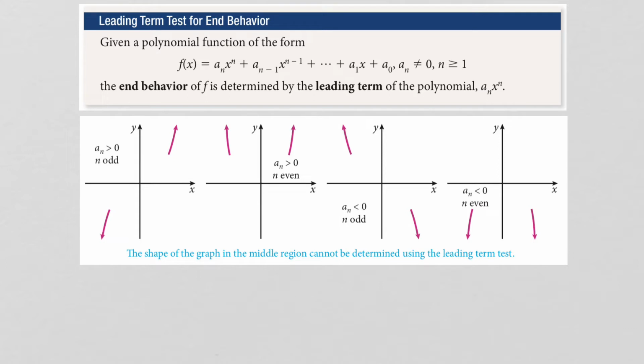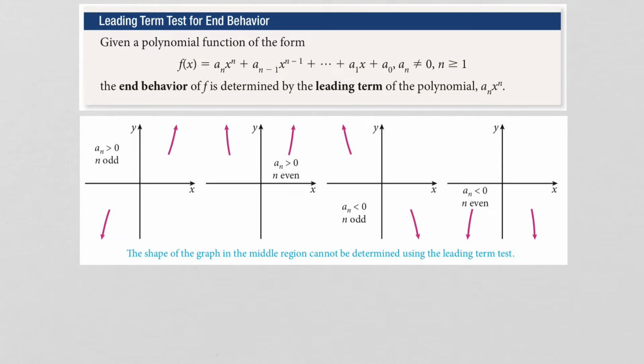Well, if the leading coefficient is negative, basically instead of going up on the right side and down on the left side, it's now going to go up on the left side and down on the right side. And in the case where the power is even and the leading coefficient is negative, instead of going up on both sides, it's now going to go down on both sides.